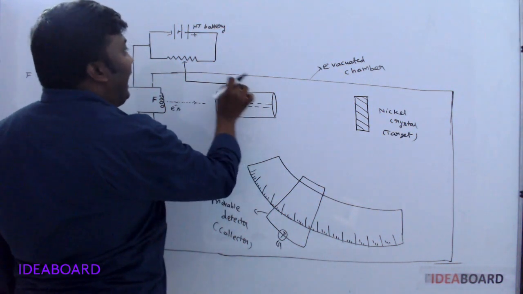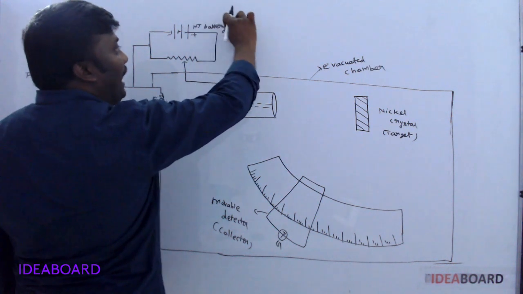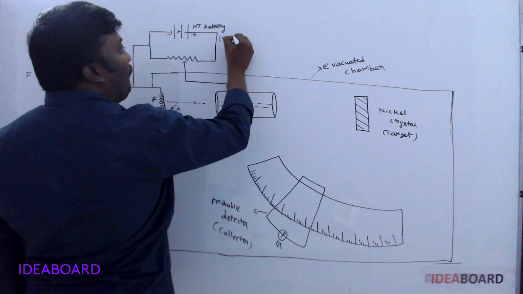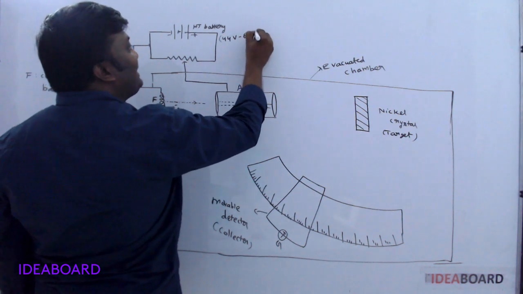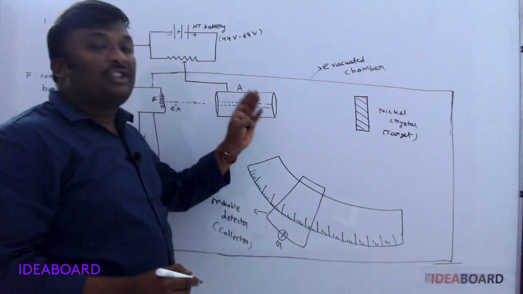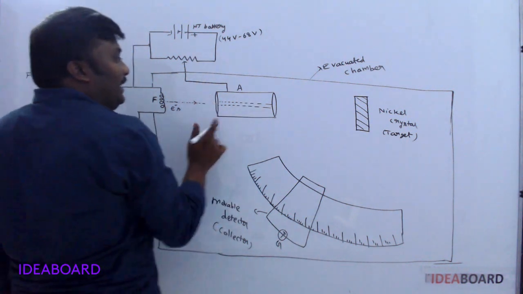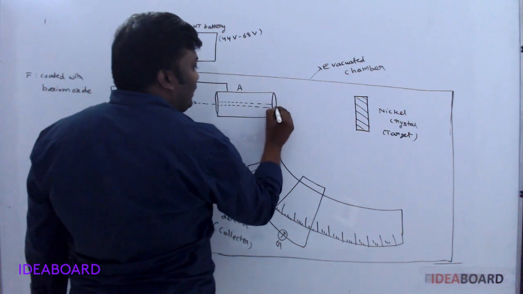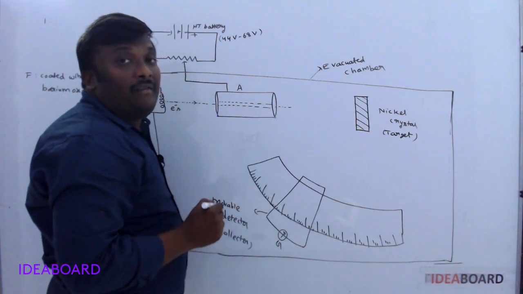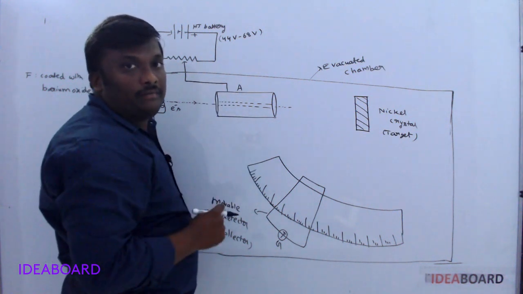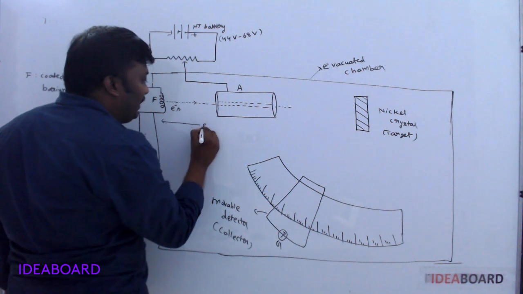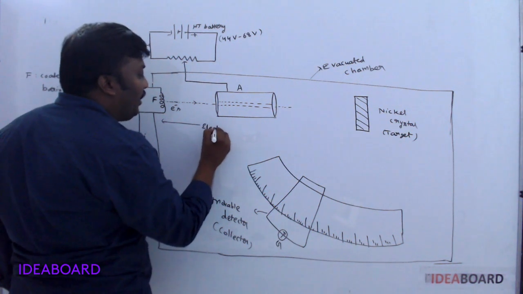Here the anode is connected to the high tension battery, and the potential varies from 44 volt to 68 volt. Whenever I give more potential, the electrons coming out of the anode have very high energy. Hence the region between filament and anode is named the electron gun.